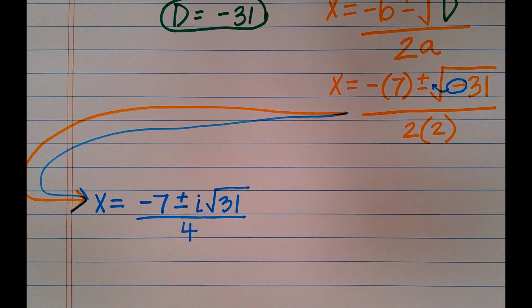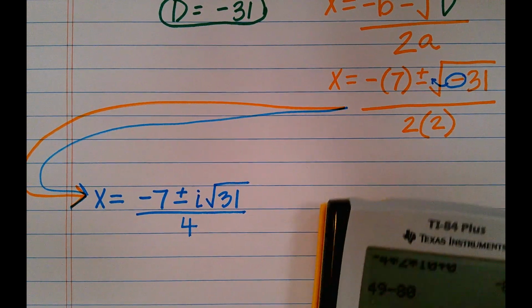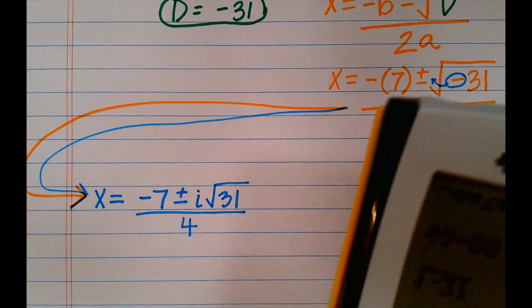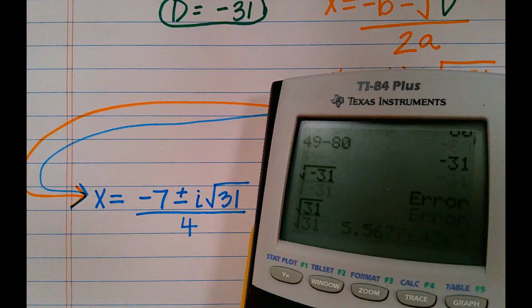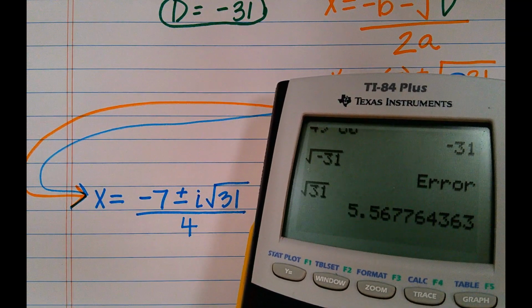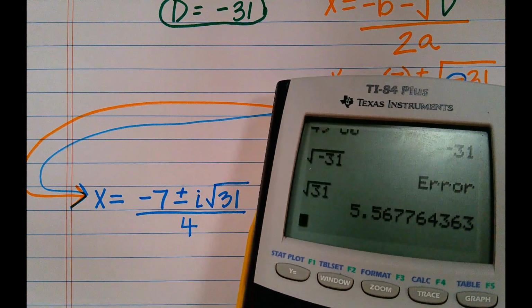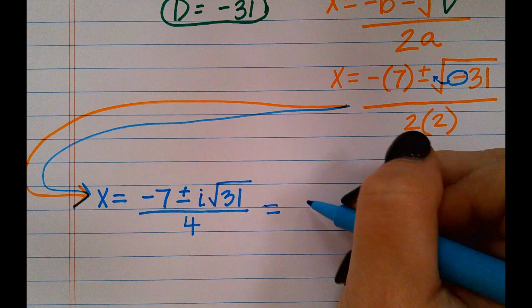Now I could just leave it like this and be done, because I can't go any further because I have an imaginary number. If I wanted to, though, I could find the square root of positive 31, and I would get 5.5756.